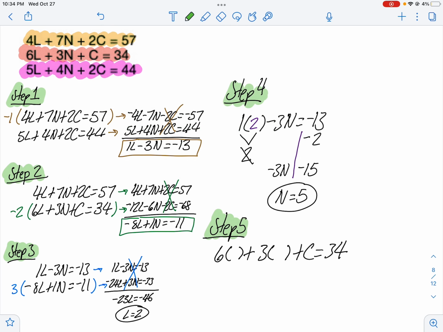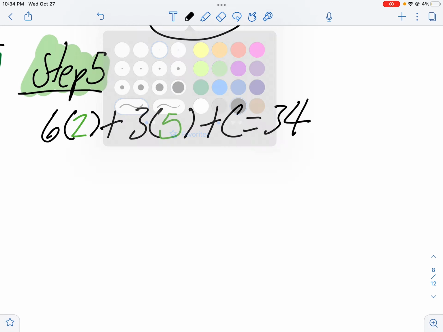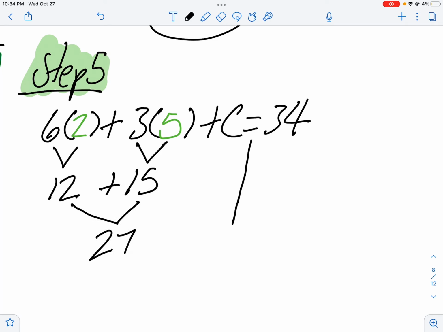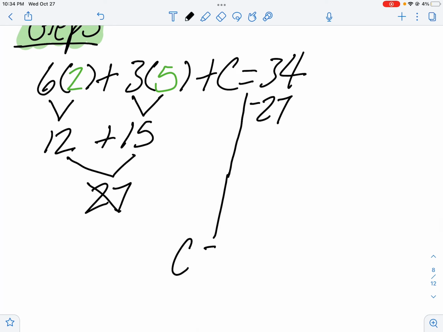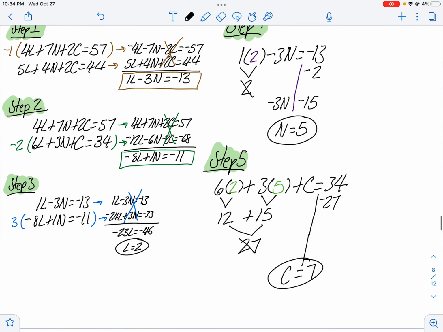Well, I know that L is 2, and I know that N is 5. So 6 times 2 is 12. 3 times 5 is positive 15. 12 plus 15 is 27. Well, when I move 27 over, it becomes minus 27. So I am left with C is equal to 34 minus 27, which is 7. Look at that. That is our step 5.